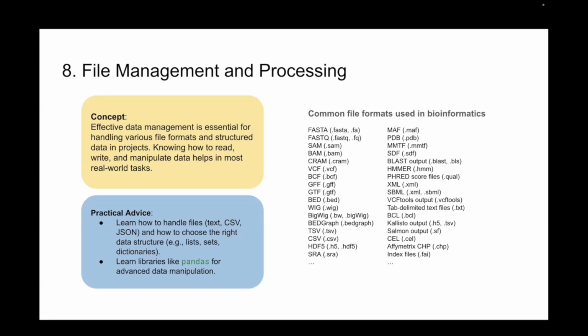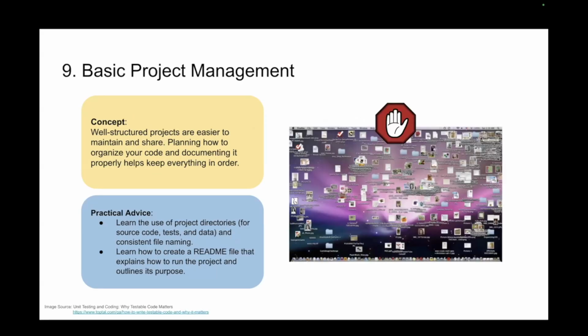And this is on the file level, but also the last point, we need to learn basic project management. So you need to have a well-structured project folder. Like this figure showed, a project like this desktop is a no go, because eventually you have no idea what this code file is for and what it does, and the folder is not clear, the file is not clear, and everything you wrote eventually becomes useless, and that is not helpful to anyone.